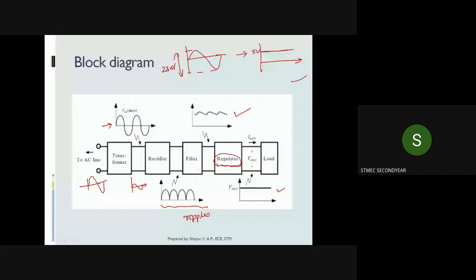In order to eliminate the ripple, you can use a filter, usually a capacitor filter. By filtering the output, you obtain a DC voltage like this. It also contains some amount of ripples. So in order to reject that ripple, we are using a regulator. A regulator provides a constant DC voltage like this.